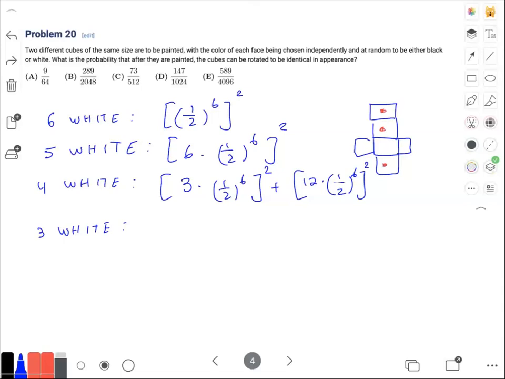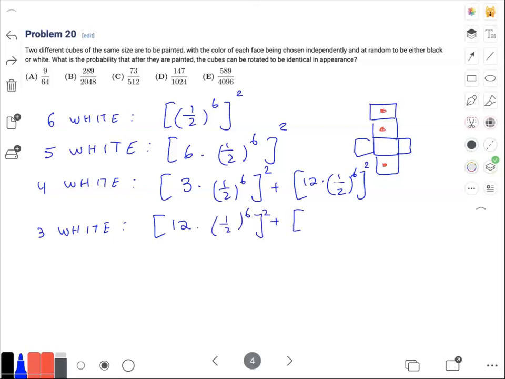Again, let's calculate that probability. For the first one, we choose the opposite faces and then choose one of the other 4 faces to bridge. So there's 3 pairs of opposite faces and then 4 choices for the face that creates the bridge. So 12 ways, 1/2 to the 6 squared.